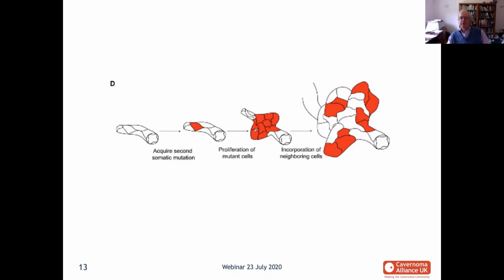What happens is that this cell divides, and all the cells that originate from this one have this double mutant form, and so they are all red. So this cell will divide, giving rise to many cells and the start of a cavernoma. This would be a cavernoma you would hardly detect. But then it incorporates adjacent cells, and gradually you get the build-up of cells to form the cavernoma.